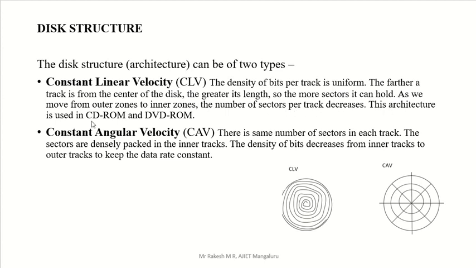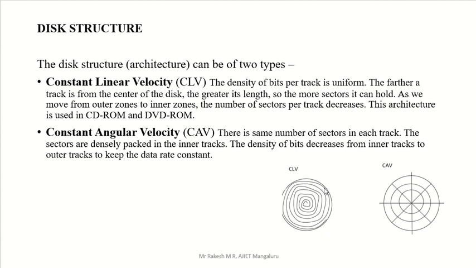This architecture is used in CD and DVD. CD and DVD use this type of architecture, CLV. But what do we mean by CAV? In CLV we saw that in the outer side we have a large track, and while coming to the inner side it is a small track.